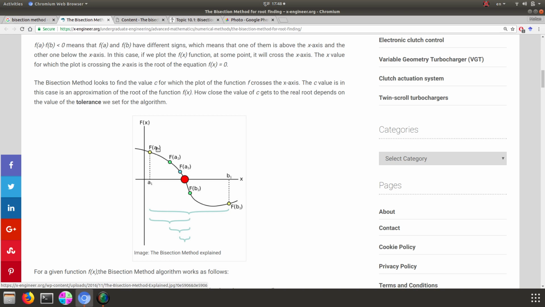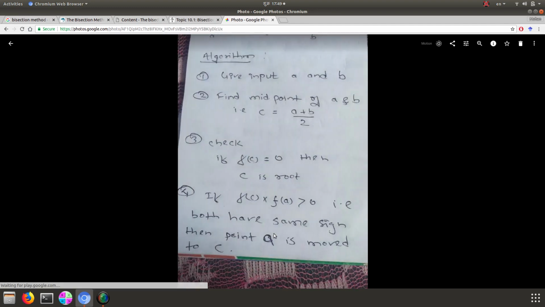So there is no meaning in taking this point a1 in our calculation. Let us forget this a1 and move the point a to the point where c lies, because both have the same sign and our requirement is that we should have 2 points at which the functional values are opposite, one positive and another negative. So a is moved to here.